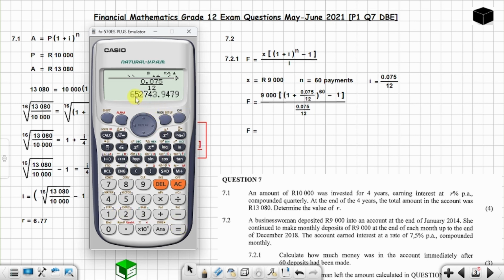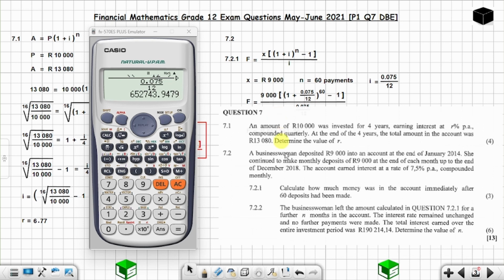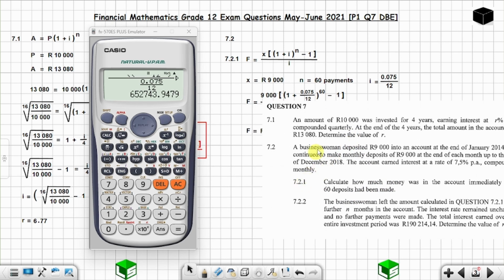So you have 652,743.95 cents. This is what you have, 652,743.95 when you round off to 2 decimal places, in rand. Okay, so this is the amount that was in the account immediately after 60 payments had been made. Okay, so we are done with this question.